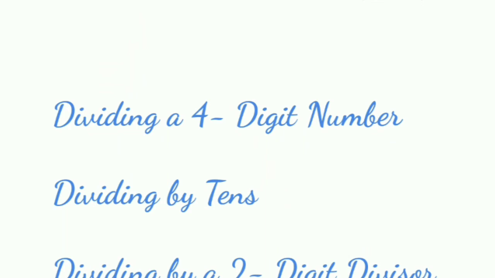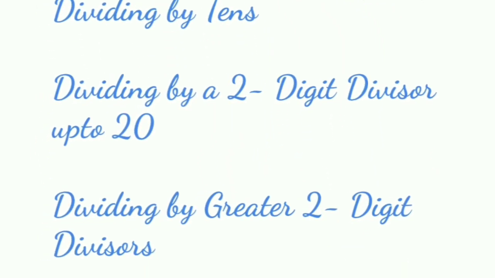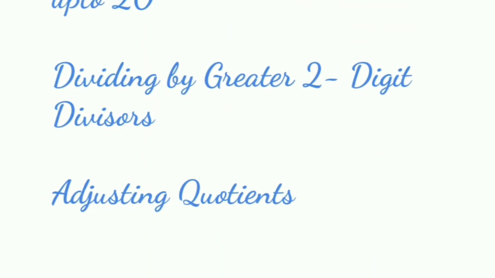Next is dividing by a 2-digit divisor up to 20. Next, dividing by a greater 2-digit divisor. In this one, we have learned 4-digit dividend with 3-digit quotient and 2-digit quotient and 0 in the quotient. And the last is adjusting quotient.